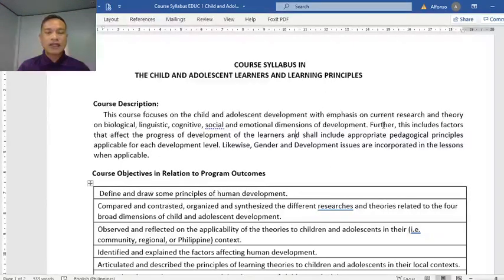Sabi natin kanina, one of the three prerequisites to becoming an effective teacher is number one, to know who your learners are, because everything would have to start from the learners. Remember that our curriculum is situated or is designed in which the learner is at the core, is at its center. So everything will be dependent on the learner, his needs. Okay?